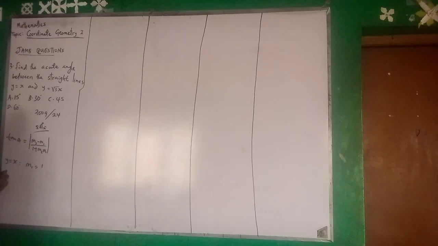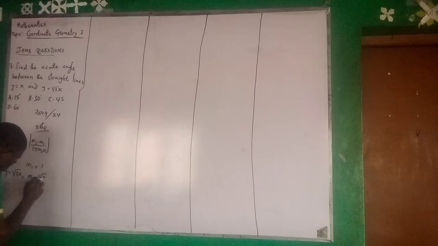Next equation, y equals root 3 x. Right? Okay. Now the second slope is the coefficient of x, which is root 3, so m2 equals root 3. Right? Now you can substitute.